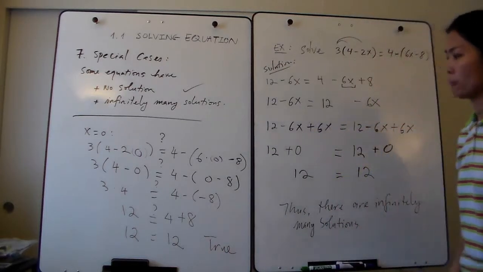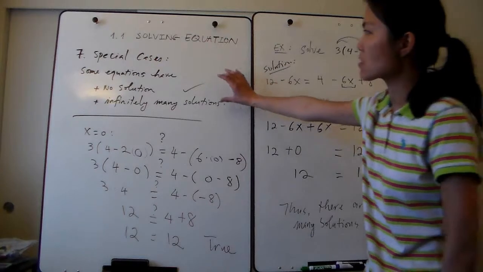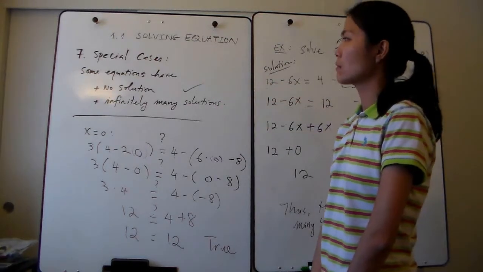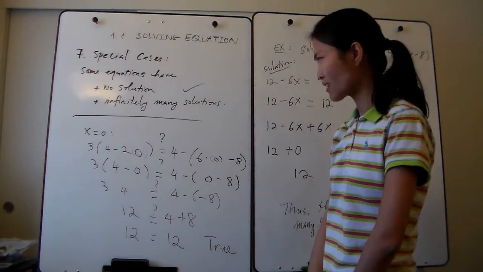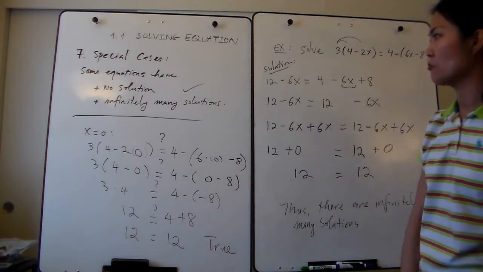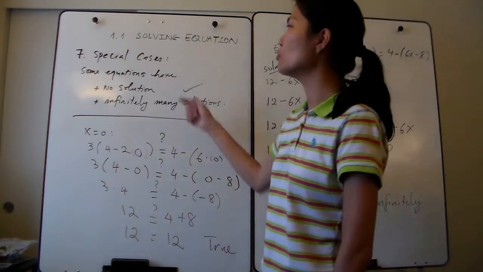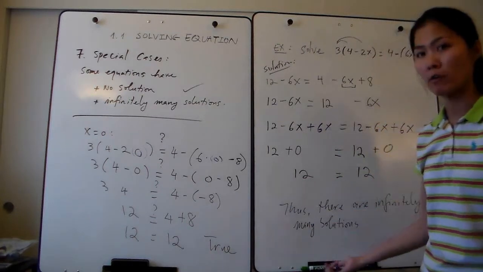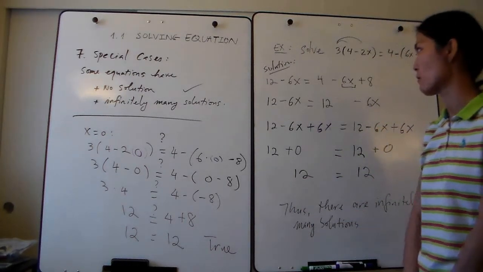Okay? As of now, I'm not asking you to solve equations with these types of solution yet. But I show you that for the case there's no solution, guarantee it's a false equation because the left-hand side does not equal the right-hand side.